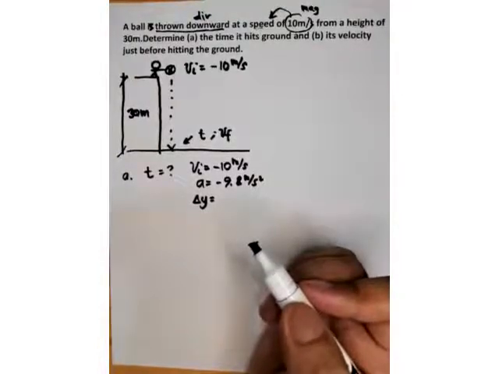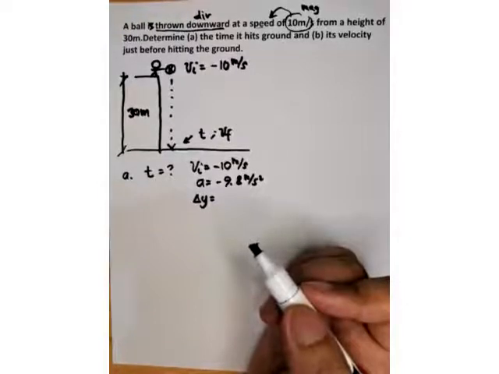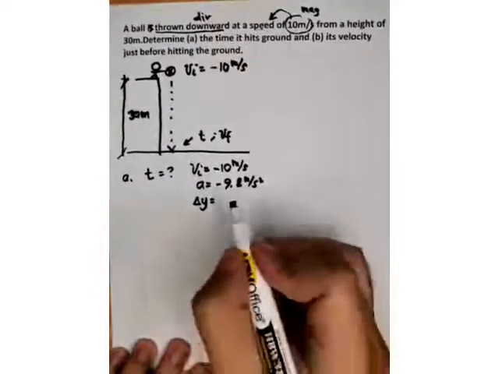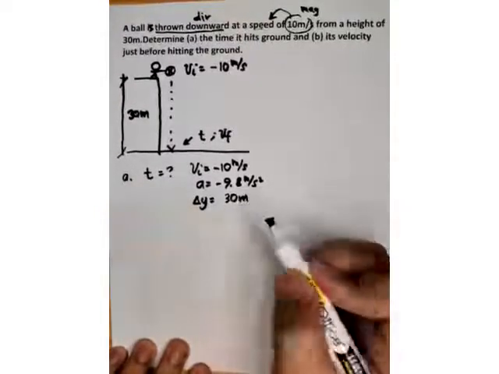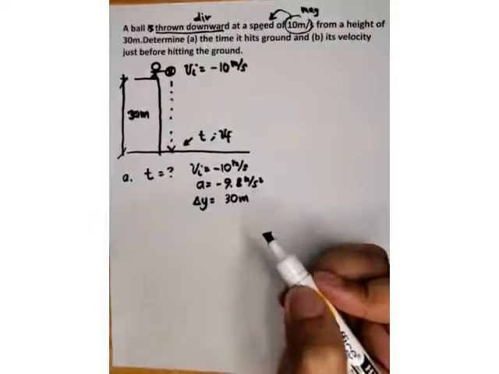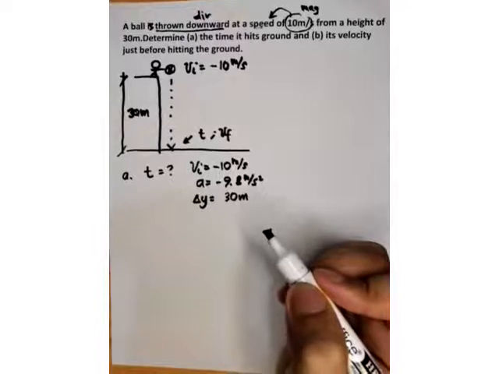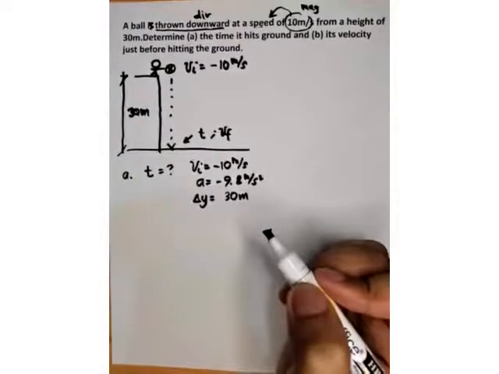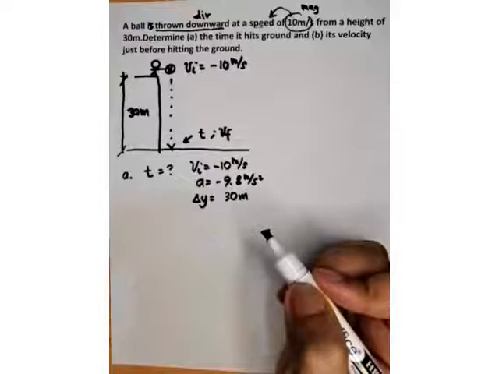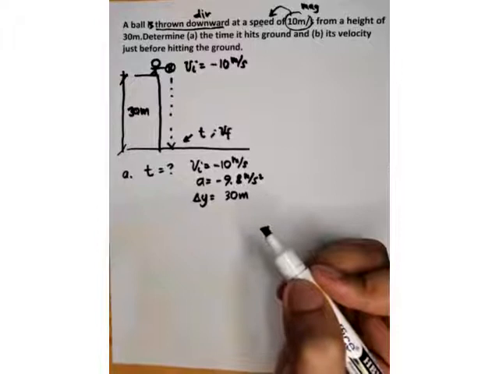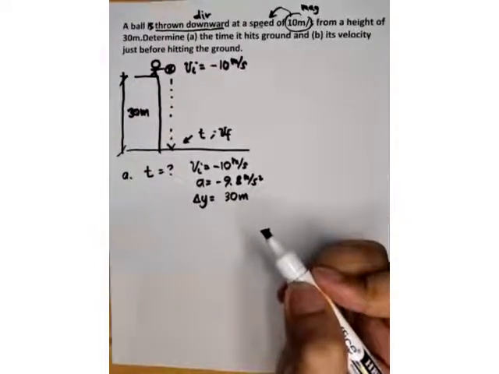What's our displacement? 30 meters lang. Tama kayo? 30 meters. Pero, okay, Charles Darwin, bakit siya negative?